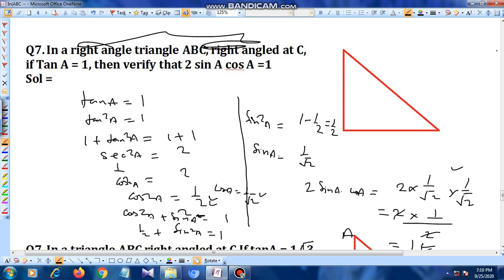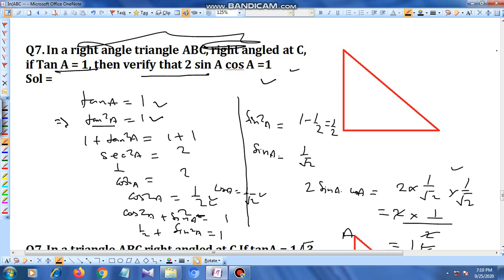In a right angle triangle ABC, right angled at C, if tan A equal to 1, then verify that twice sin A into cos A equal to 1. Tan A equal to 1, squaring on both sides, then we get tan square A equal to 1.